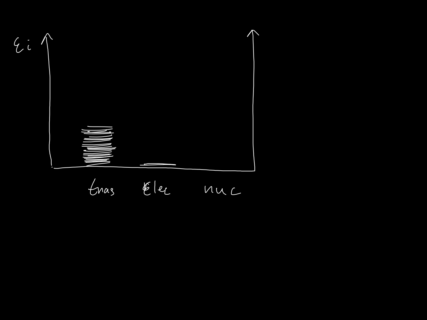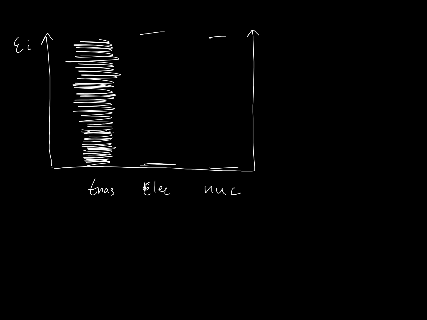You maybe have a ground state for electronic, and then a really high one. And a ground state for nuclear, and a really high one. And for the translational one, you're going to have all these states going all the way up and up.